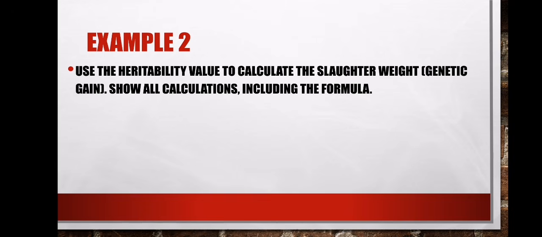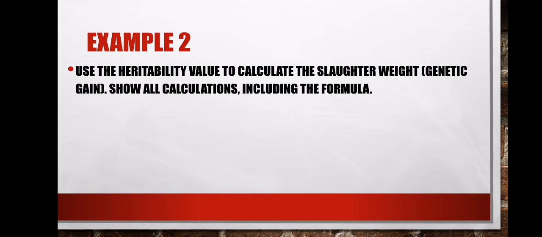Formula number 2: weaning weight minus average weaning weight, multiplied by heritability divided by 100. I said, when the question says calculate the EBV, you use the first formula. But if the question says calculate the EBV of so and so, in this case calculate the slaughter weight genetic gain, show all calculations, it means we will use the second formula.